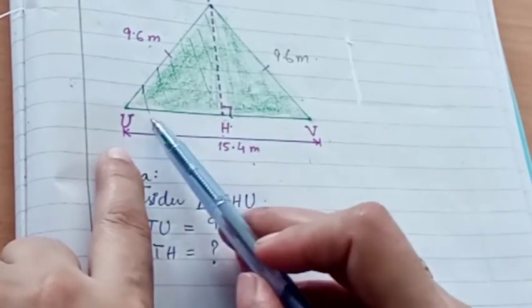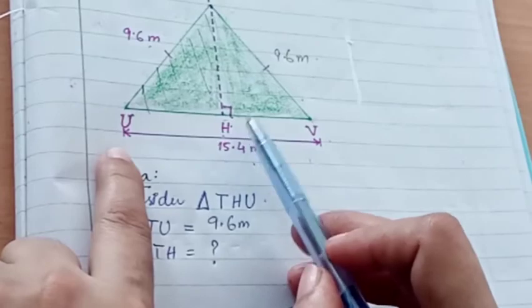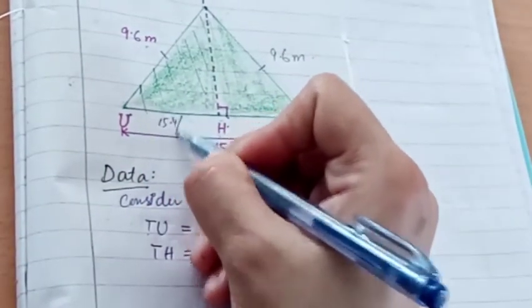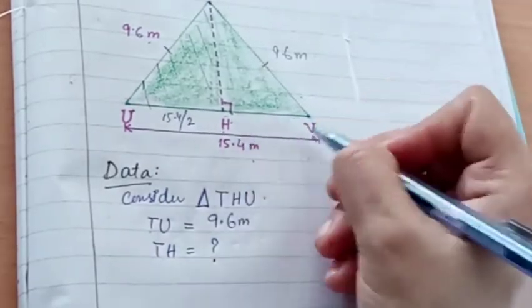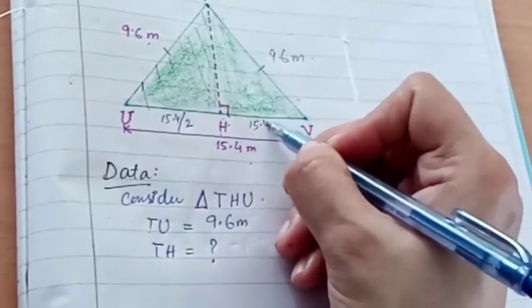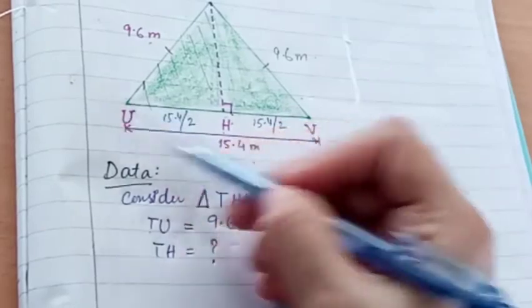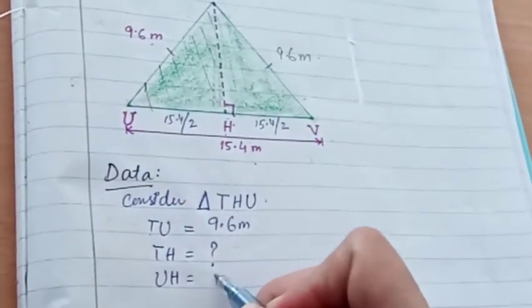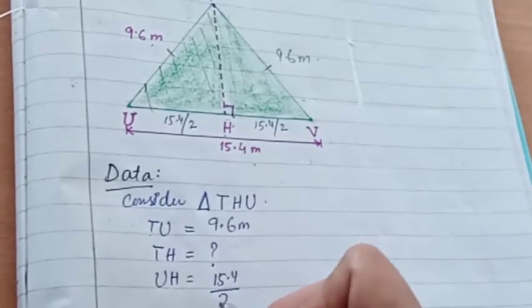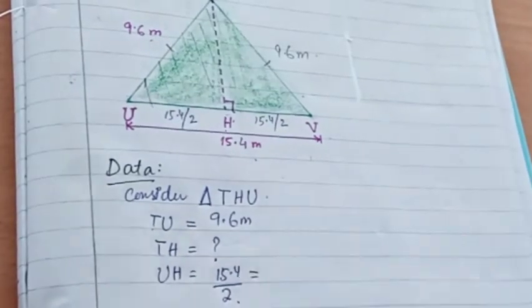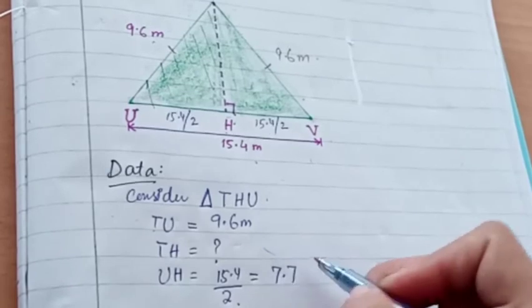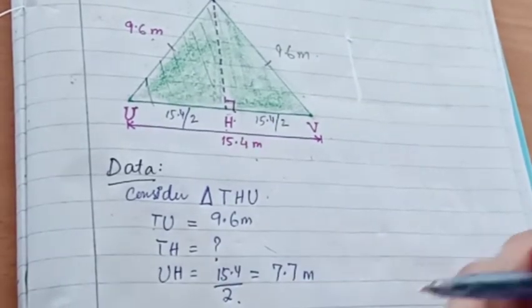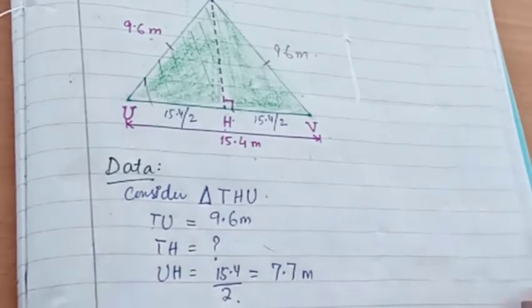So UH is 15.4 divided by 2, and this HV is also 15.4 divided by 2. So I am taking this UH as 15.4 divided by 2, that is 7.7 meters.